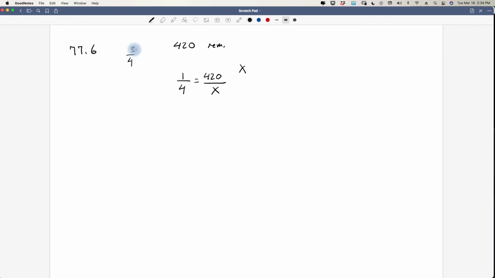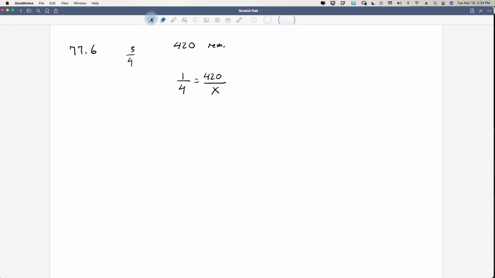You have to think about it logically. This is not 3/4 of the tickets. This is 1/4 of the tickets because 3/4 are gone, and this is all that's left. So this is why we use 1/4 to set up this problem.